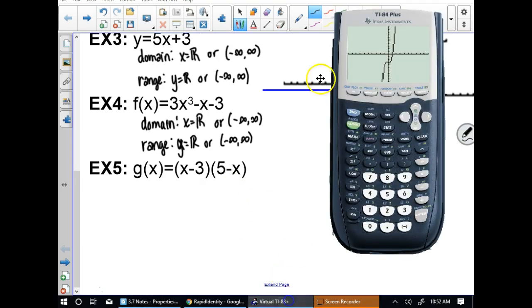Okay, here's our last one. X minus 3, 5 minus x.